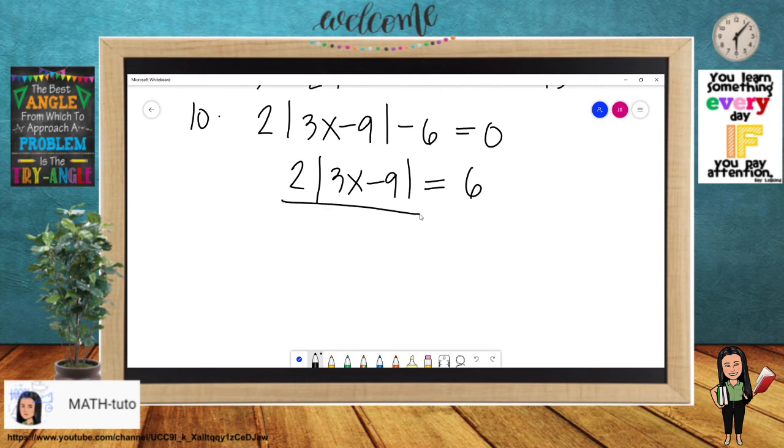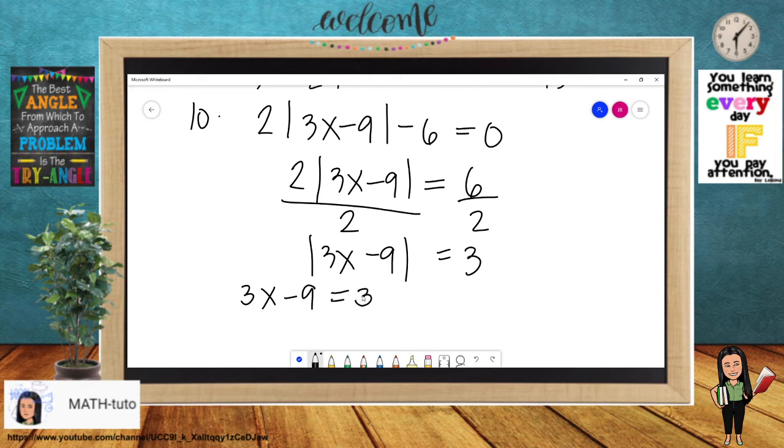We divide both sides by 2 kasi kailangan absolute value lang. So, we now have here absolute value of 3x minus 9 equal to 3. Okay? So, yan na. Ito na yung dalawa. 3x minus 9 is either equal to positive 3 or 3x minus 9 is equal to negative 3.